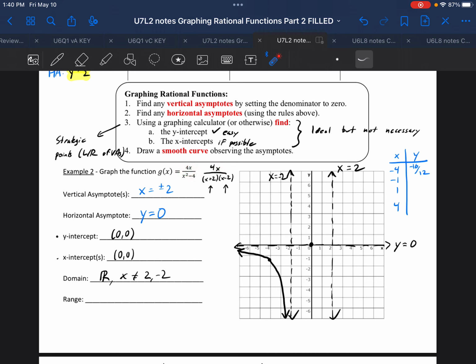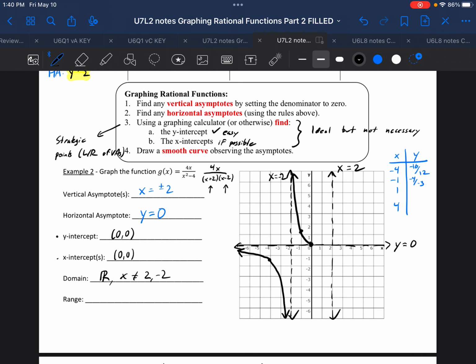Okay, negative 1. If I plug in x equals negative 1, I get negative 4 over 1 squared minus 4, that's negative 3, so I get positive 4/3. So at negative 1, I get positive 4/3. That tells me the graph's looking something like this.